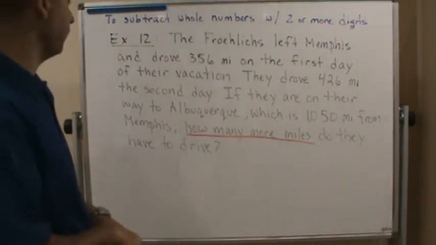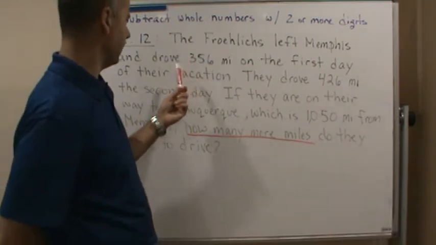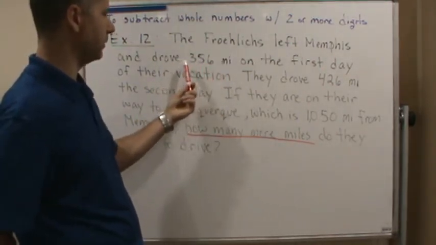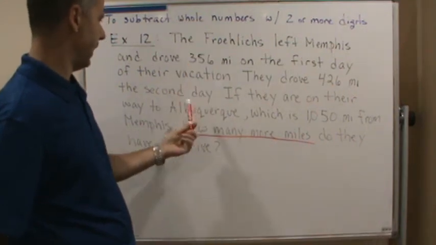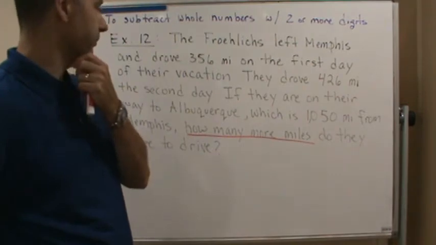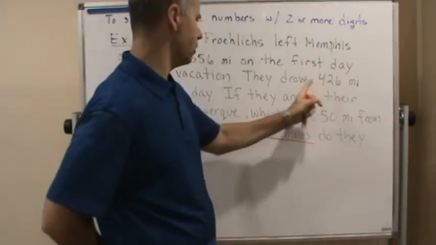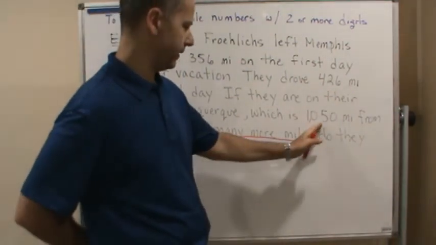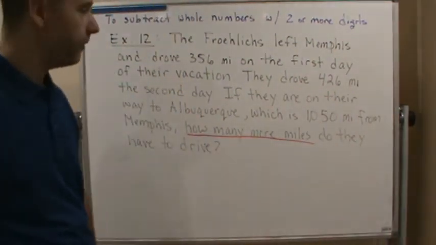Notice that the Frolics drove 356 miles the first day, and they drove another 426 miles the next day. So we're going to add these two distances, and then we're going to subtract that from 1,050.